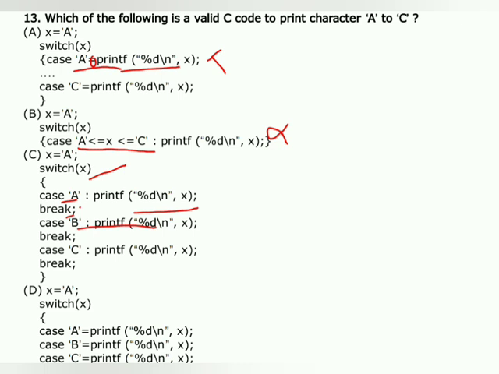So this is following the correct syntax of the switch statement. And option D is also not valid. Option D has the same syntax as option A, which is assigning some value to case A. So that's why option C is the correct answer.